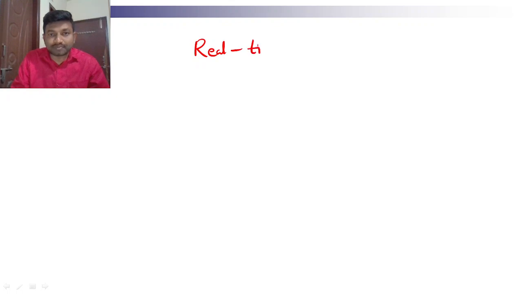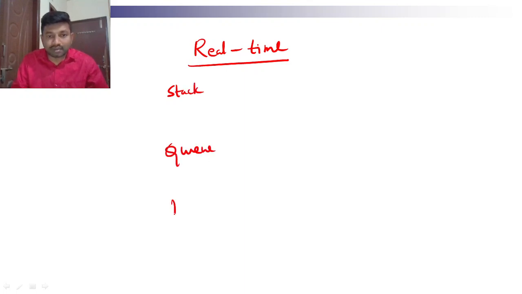But in fact, in real time, the switch is used for a different purpose. In real time, the switch is being used with data structures. Data structures like stack and queue, even with linked list, we perform different operations.